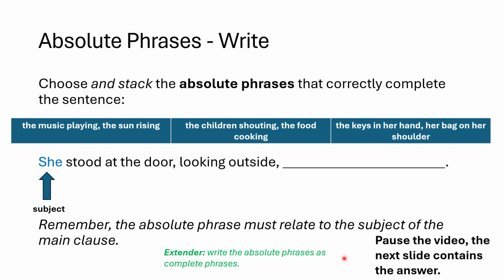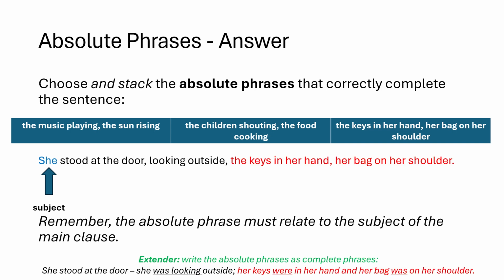The next slide contains the answer. Check your answer. She stood at the door, looking outside, the keys in her hand, her bag on her shoulder. Here is the answer to the extender. She stood at the door. She was looking outside. Her keys were in her hand and her bag was on her shoulder.